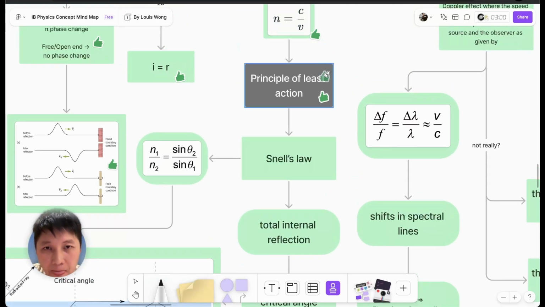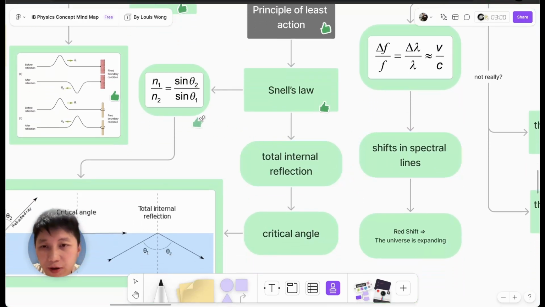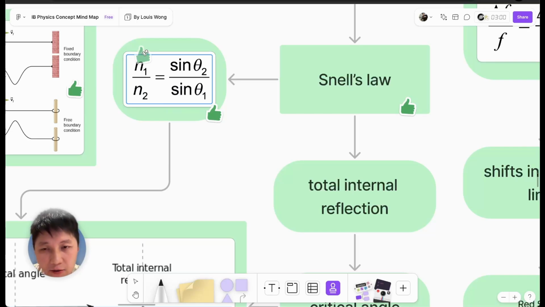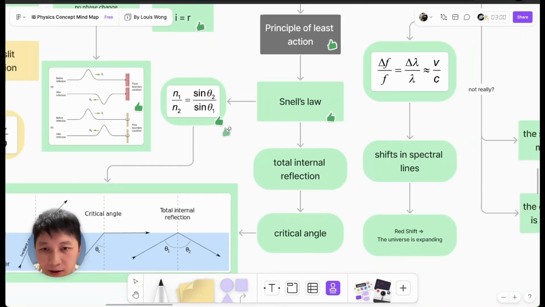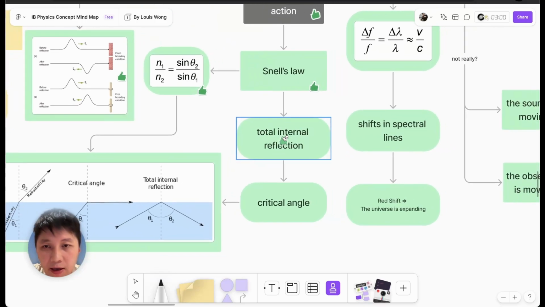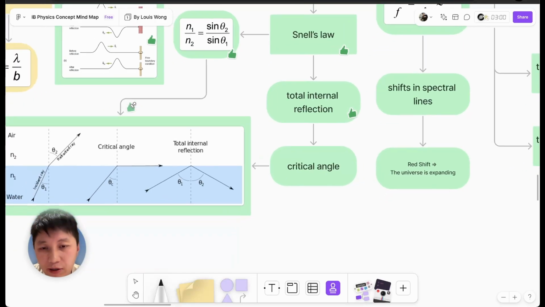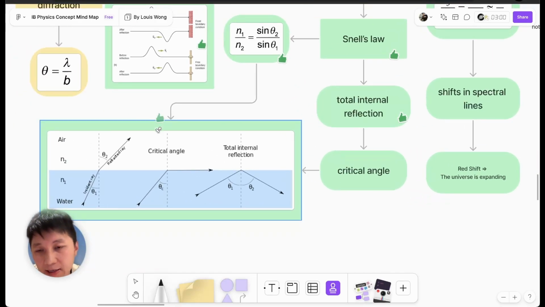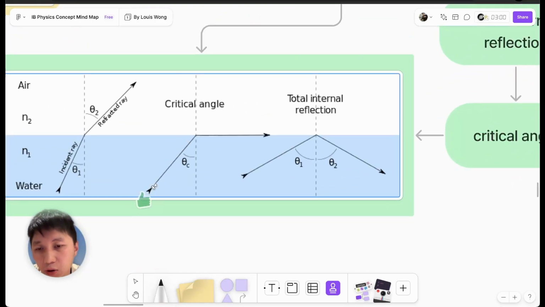So either way, because of this, we have Snell's law, which can be described mathematically due to the refractive index and also the incident and refracted angles. And then a very special circumstance may arise, called total internal reflection, when you are going from a slow medium to a fast medium.